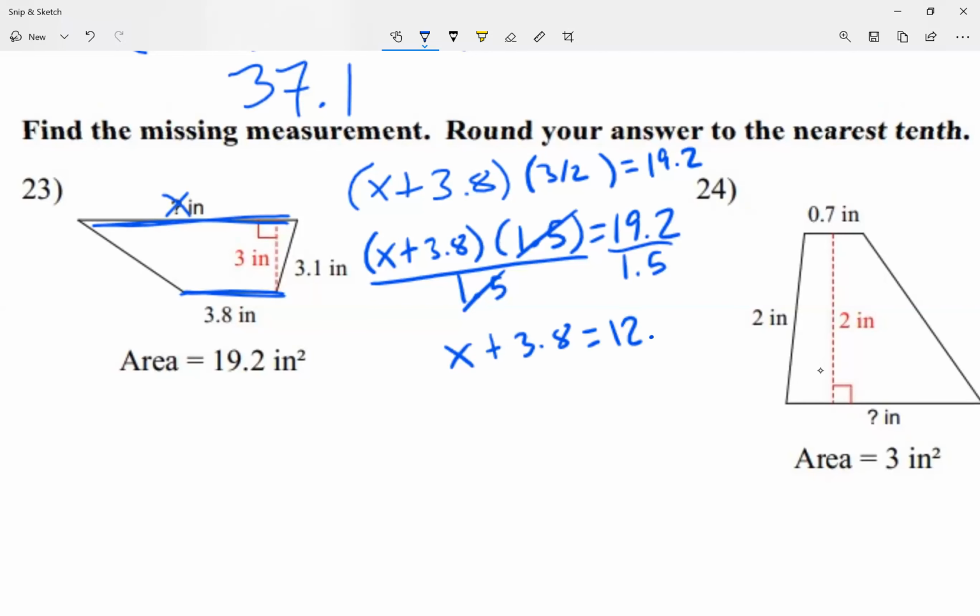Right now, I'm not done yet. It's not my answer yet. Now, to get the x by itself, this plus 3.8, let me move this over, minus 3.8. So I get that x is equal to 9. If there are any decimals in your answer, round it to 1 decimal place.